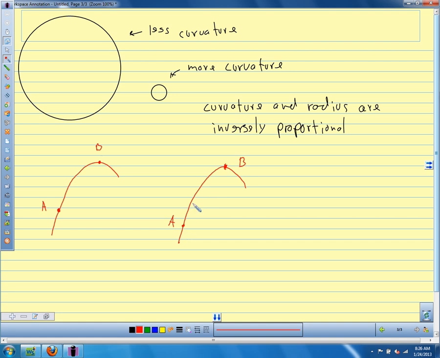And just looking at this curve, where would we guess the curvature should be higher? Near point A or near point B? Near point B, right? It's turning more there. So let me draw in some unit tangent vectors. So here's a unit tangent vector, and this is just an approximation.